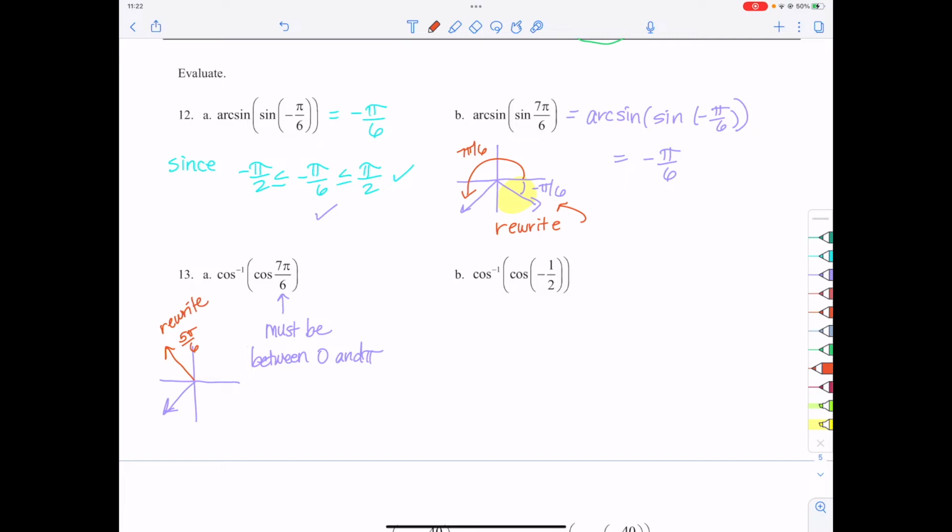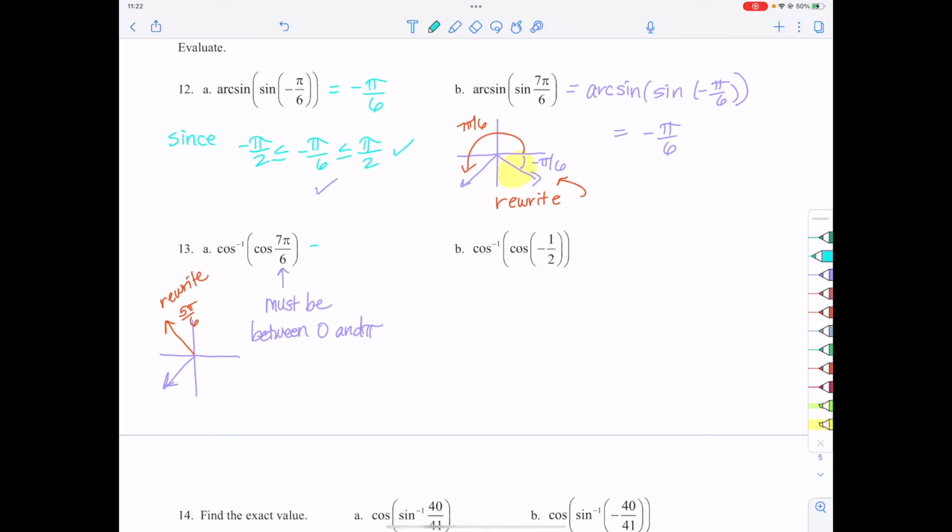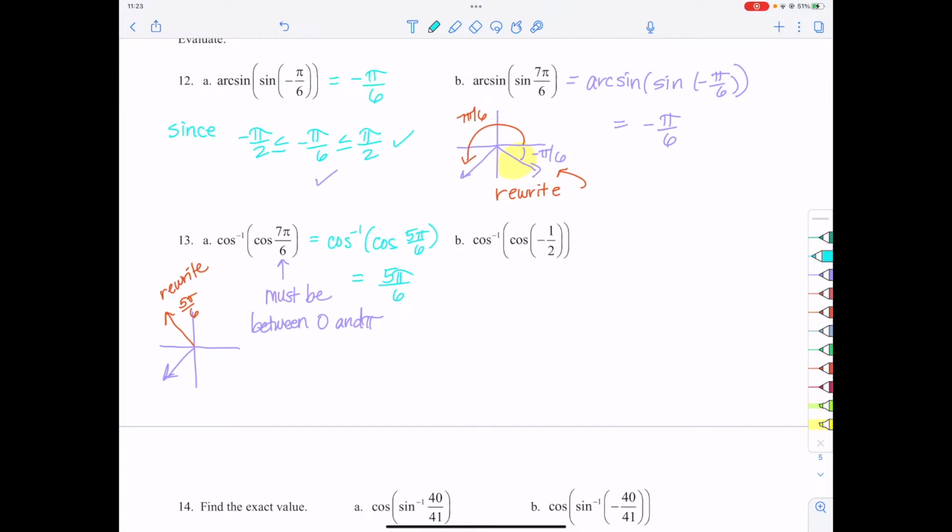So now we have that this is equal to the cosine inverse of the cosine of 5pi/6, and that's just equal to 5pi/6. Okay, so checking that restriction is really important.